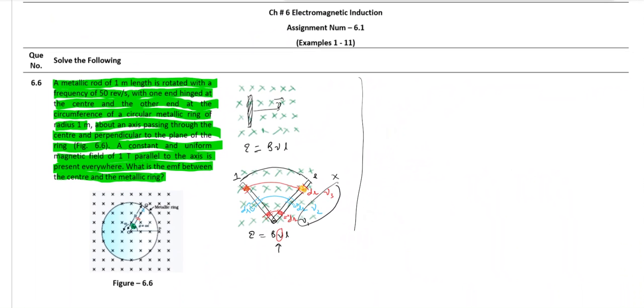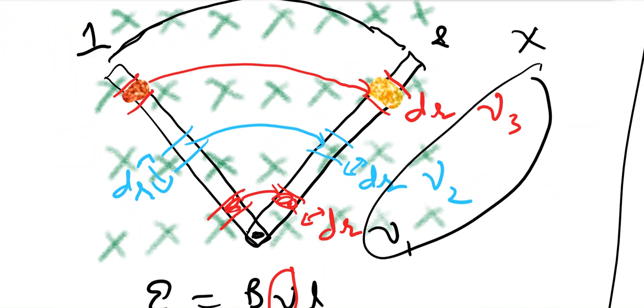So instead of using epsilon equals BVL, I will take epsilon equals the integration of d epsilon. What is d epsilon? d epsilon is the EMF for a small part.